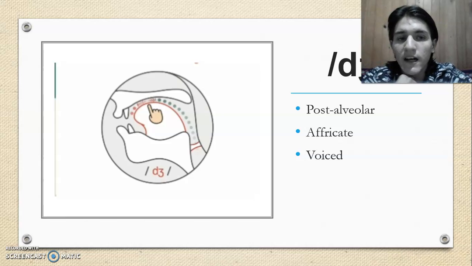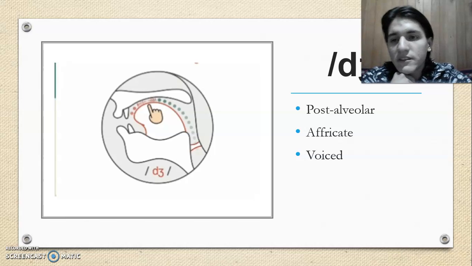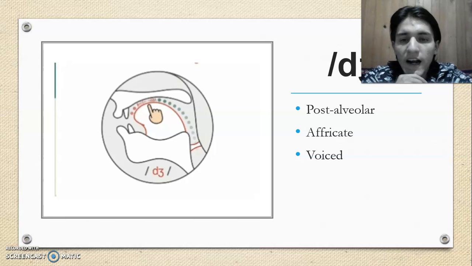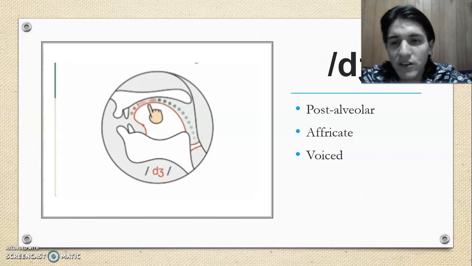It has a stop sound and a fricative sound. It is an affricate sound. It means that it's made by stopping the airstream and releasing with an audible friction.